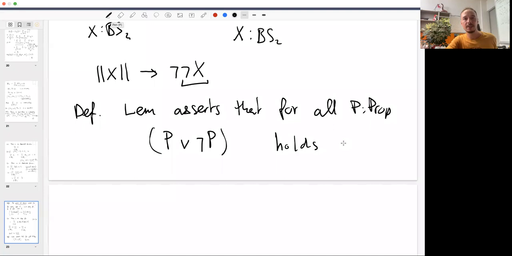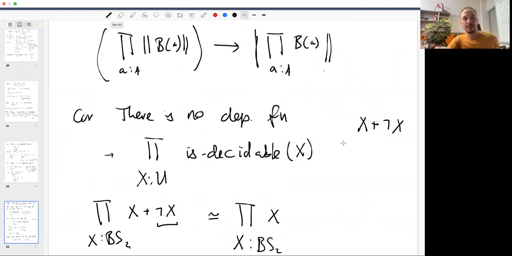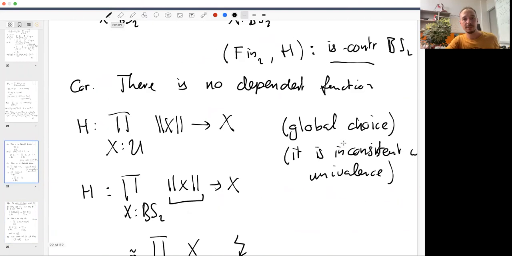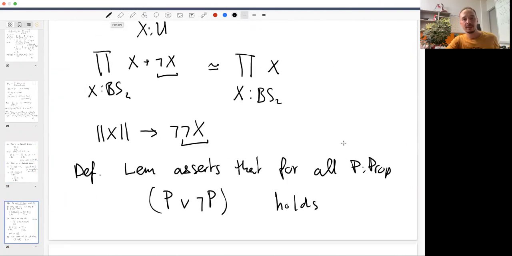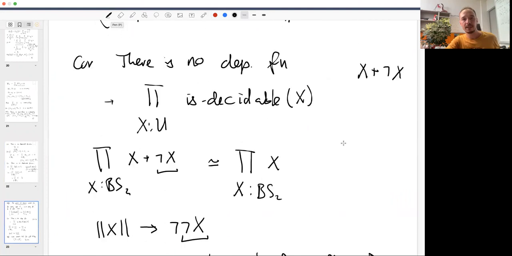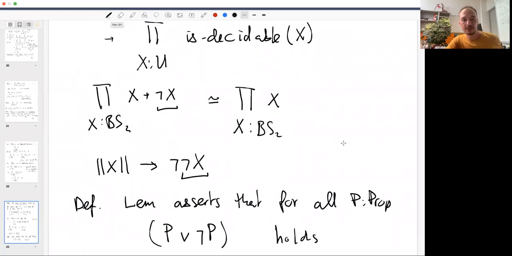And also we saw that if you assume univalence, then you must be a little bit careful about what classical principles you assume and mostly how you assume them. Because we saw that global choice is just outright false. And also the law of excluded middle, if you're not careful, is going to give you a false statement, or univalence will imply that it's false.